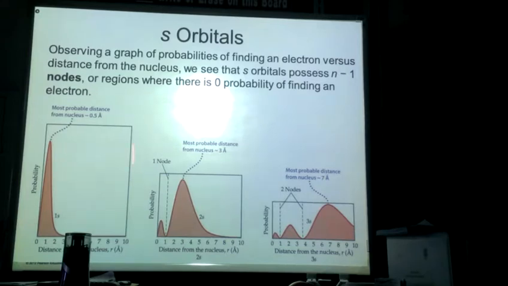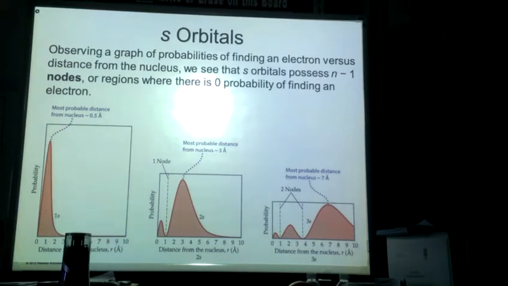So if this first graph is just representing the 1s orbital, so this is just for s orbitals right now, I see that the distance that these electrons will be towards the nucleus is going to be pretty close. So I have a really high probability of finding an electron pretty close to the nucleus if I'm talking about the 1s orbital. That's how I would read this radial distribution graph, okay?